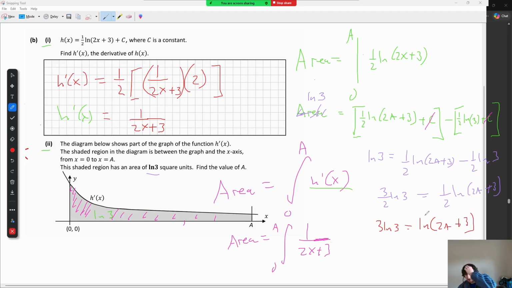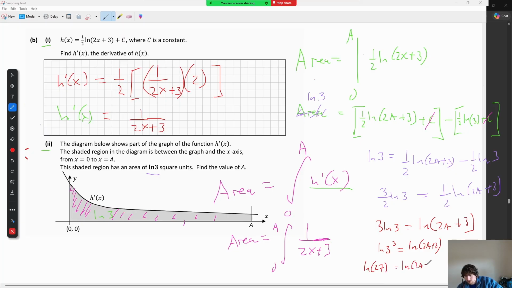Okay, what you do now is, there's a few ways you can solve this, but there's a smart way. You can actually bring the 3 back in and you put it on the power of this 3. So you should know that 3 ln3 is actually ln 3 cubed. Okay, and the other side stays the same. And then ln 3 cubed is ln 27.